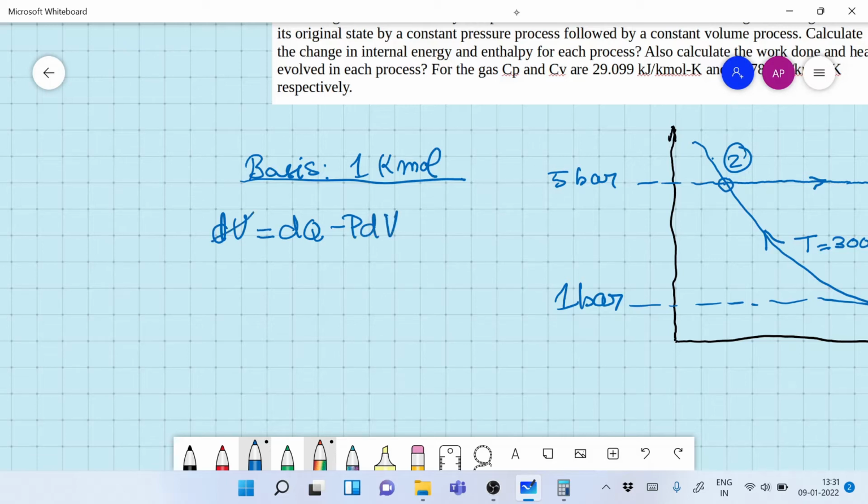Since the change in internal energy is zero for an isothermal process, we get dQ is equal to minus P dV. And it should be noted that dW or work done is minus P dV.